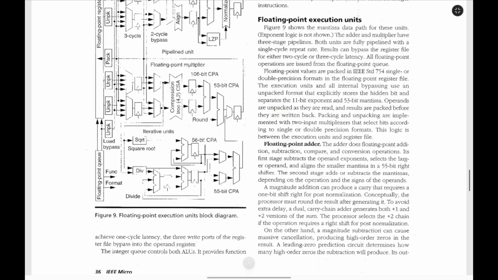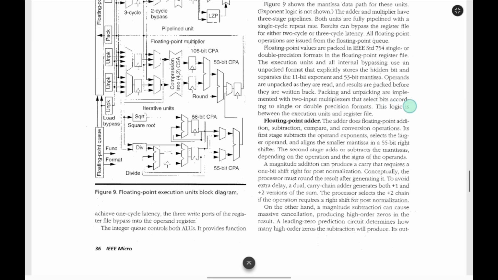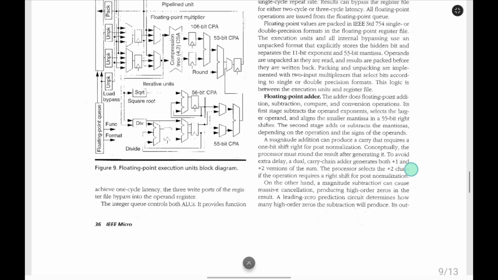Operands are unpacked as they are read, and results are packed before they are written back. Packing and unpacking are implemented with 2-input multiplexers that select bits according to the single or double precision format. This logic is between the execution unit and register file.